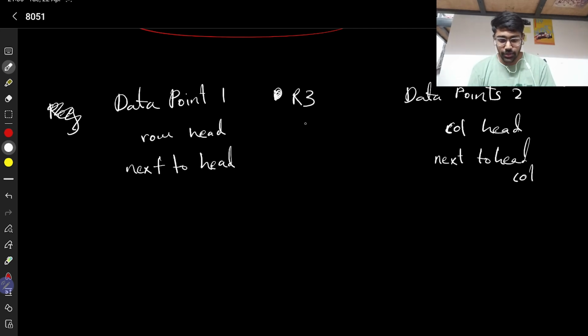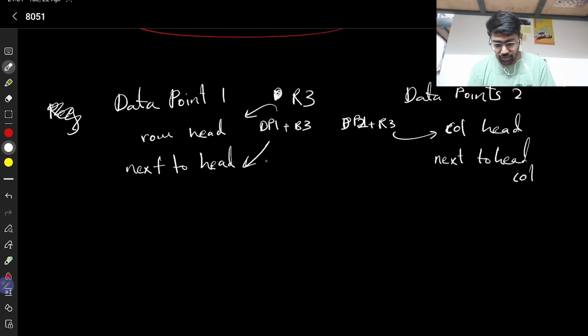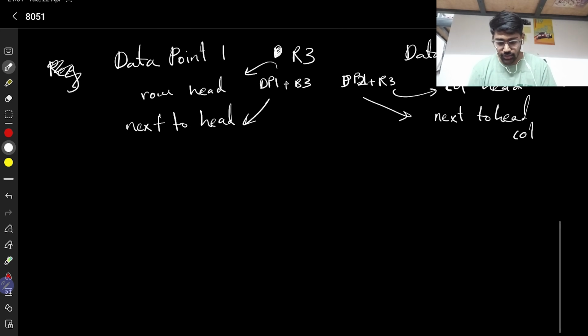And R3 will be holding whatever we choose. For example, data point 1 plus R3 will give access to this one, and data point 1 plus data point 2 plus R3 will give us access to this one. So we can use this logic to pick whatever LED we want over here.